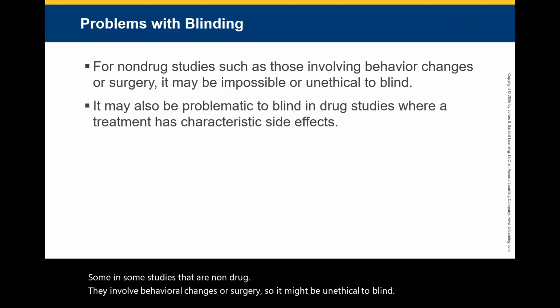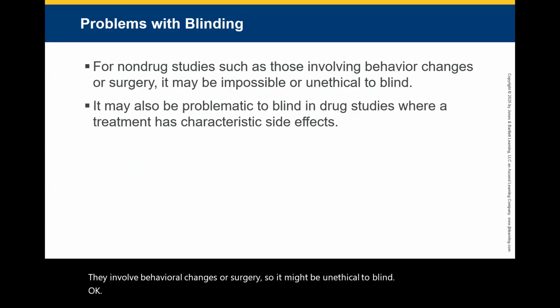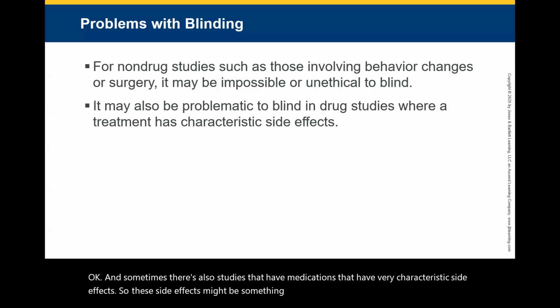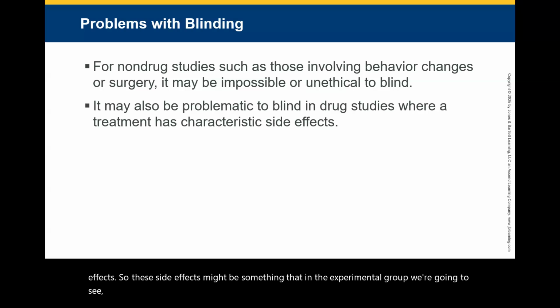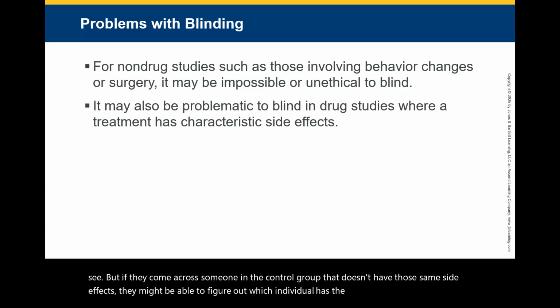Okay. And sometimes there are also studies that have medications with very characteristic side effects. So these side effects might be something that we're going to see in the experimental group, but if they come across someone in the control group that doesn't have those same side effects, they might be able to figure out which individual is in the experimental group and which one is in the control group.